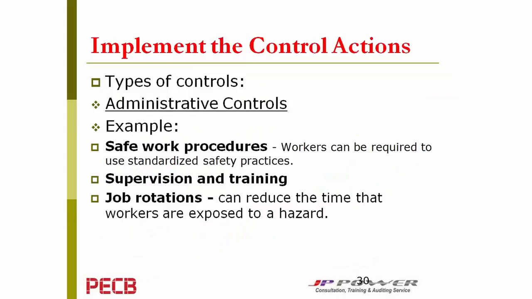At the same time, we could also provide supervision and ongoing, continuous trainings to the workers, as well as job rotations. There are many other examples of administrative controls besides these three. All right, this is the third choice.